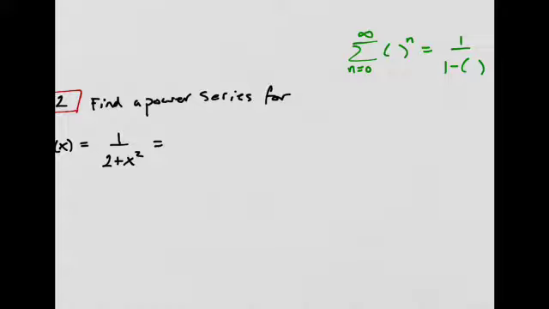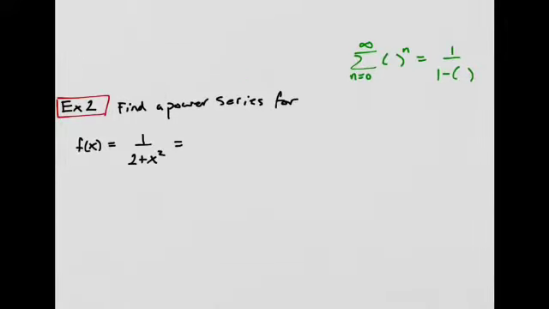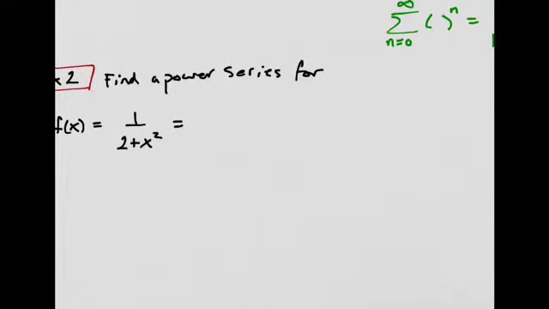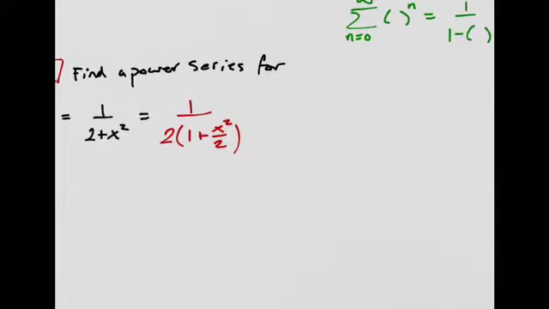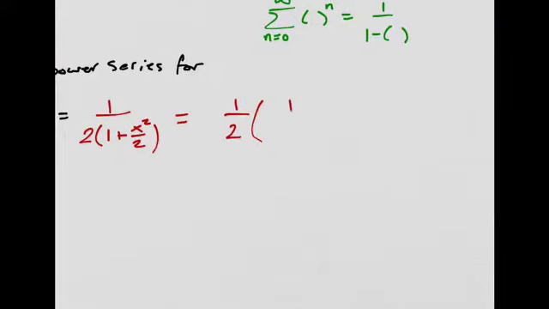So let's start working on this. I'll do it in red. So I want a 1 there. This is already good. That's already a 1 on the top. Fantastic. So I want to make this a 1. Let's see how I can do that. I can factor out a 2, and then I have 1 plus x squared over 2. Factored that out, and that's the same thing as 1/2 times 1 over 1 plus x squared over 2.